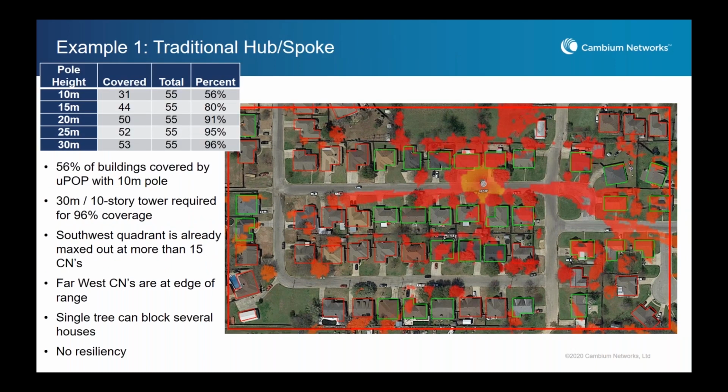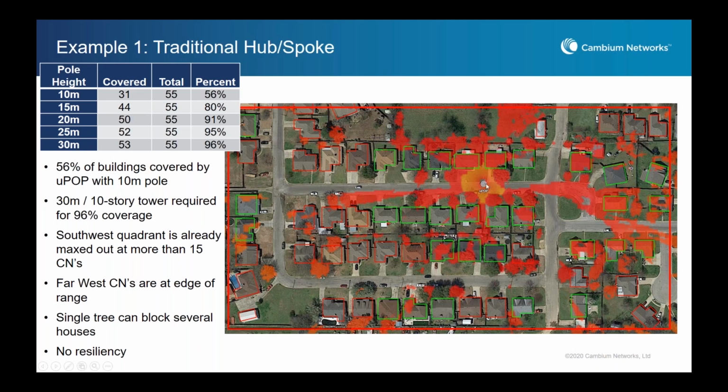If I was going to do traditional hub and spoke, you might imagine having a single point of presence. I have a tower here with a fiber node, and I'm going to build a tower there that can look out over the horizon and see all of these different homes. Well, as it turns out, if I'm going to hit all of these homes with pure line of sight, to get up to 96% of the homes, I need a 30-meter tower.